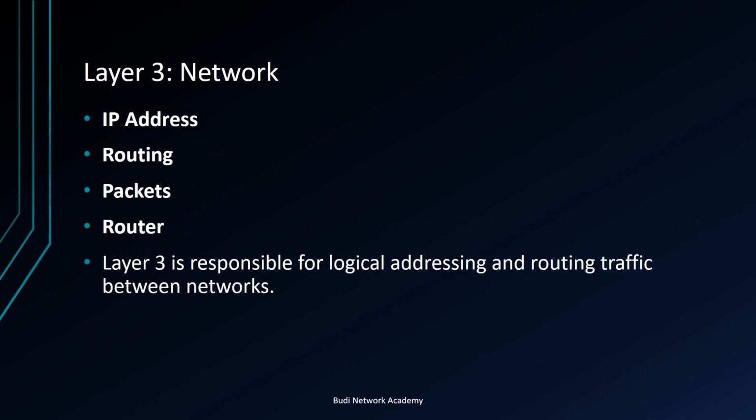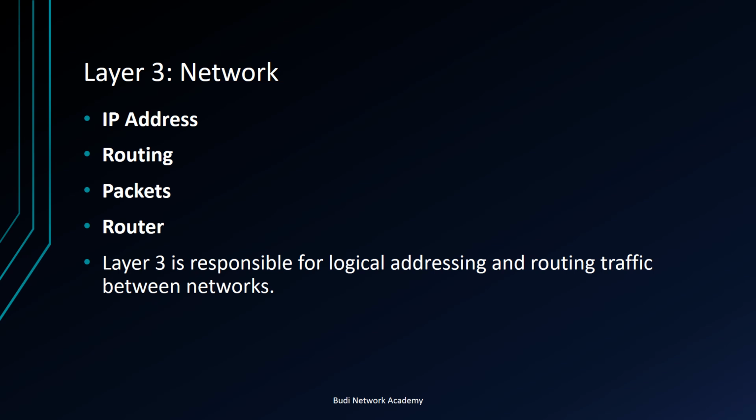Now, let's move to layer 3, the network layer. This layer is responsible for logical addressing and routing. One of the most important protocols associated with this layer is IP. And this is where our previous video about IP addresses connects directly.